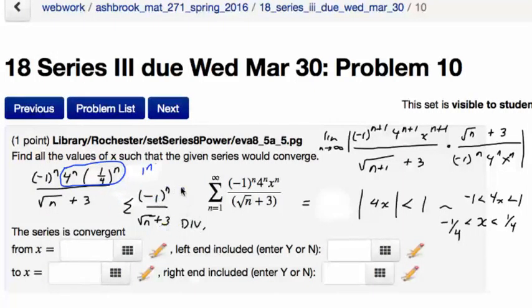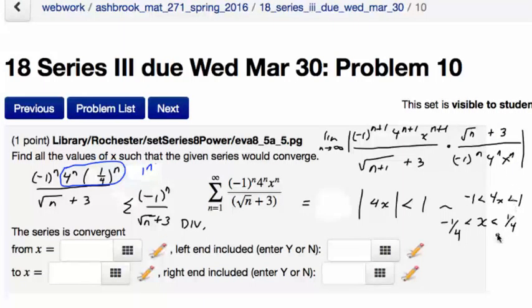So now when it's positive 1/4, you have that same series but now alternating. Divergent or convergent? That's convergent by the alternating series test, because the 1 over square root of n plus 3 decreases and goes to 0. Any sequence that decreases and goes to 0 and then alternates is convergent. That's the alternating series test. So we are going to include 1/4.